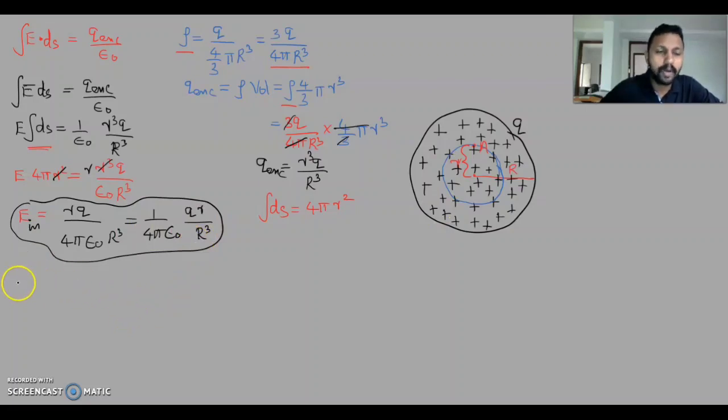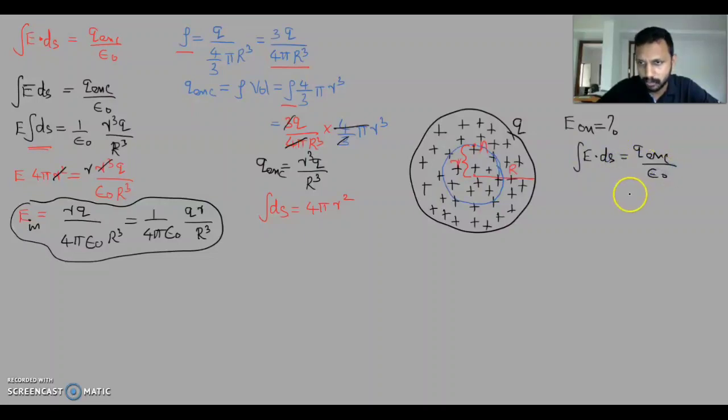Then let's say, what is the electric field intensity outside? Or let's say electric field intensity on the surface. As the next step, let me write what will be electric field intensity on the surface. In order to say about electric field intensity on the surface, let us start from Gauss law, that is integral of E dot ds equals Q enclosed by epsilon 0.